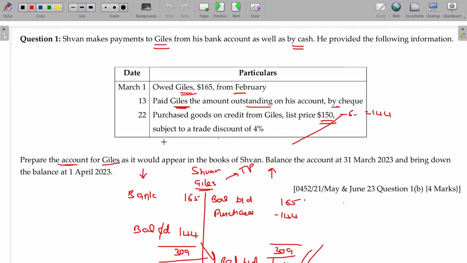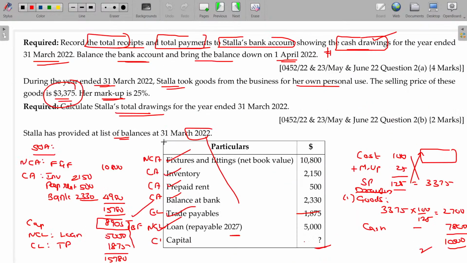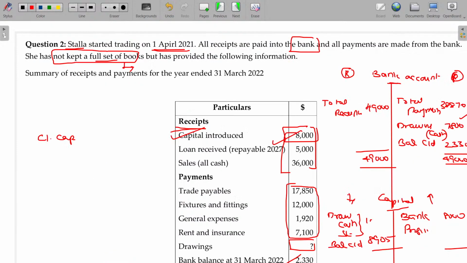Where is the drawings value? Here is. Cash and goods drawings 10,500. And by tallying this, we will get the profit easily. What is the total of this? 19,405 and 19,405. Balance being 11,405 will be the profit.